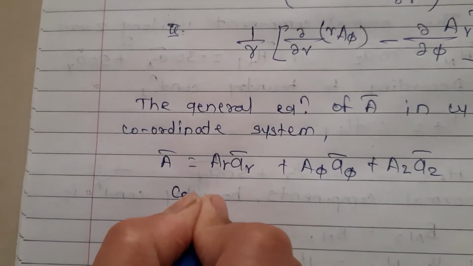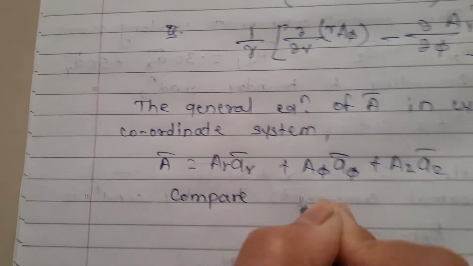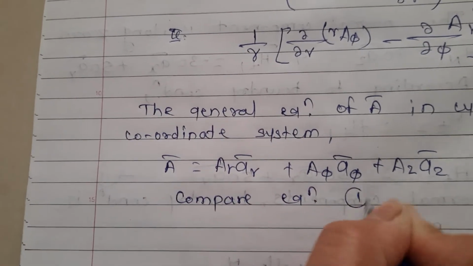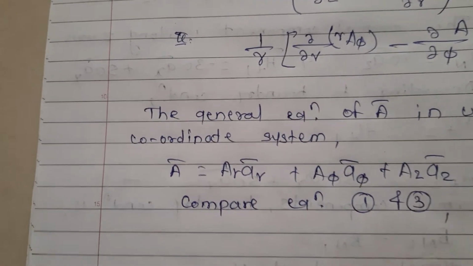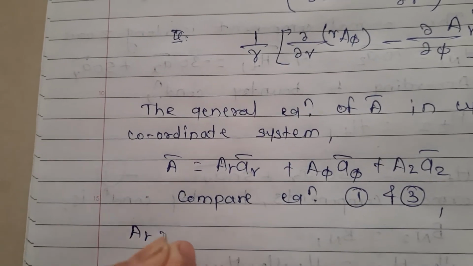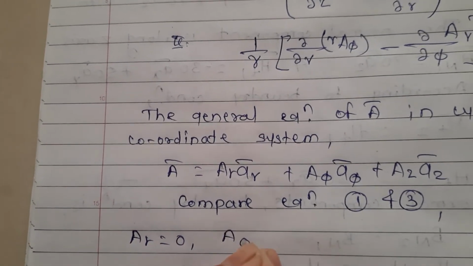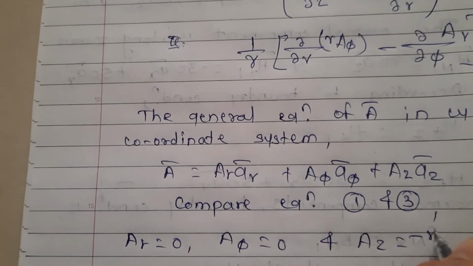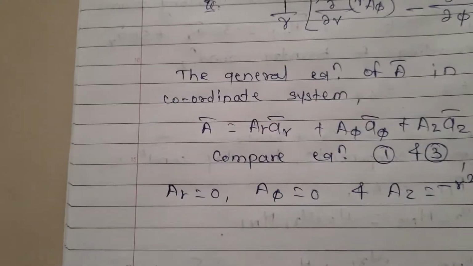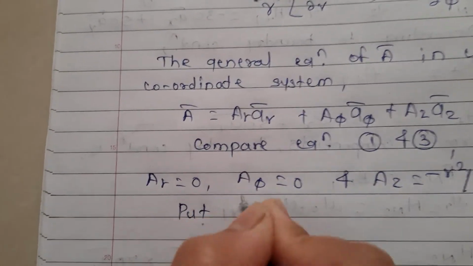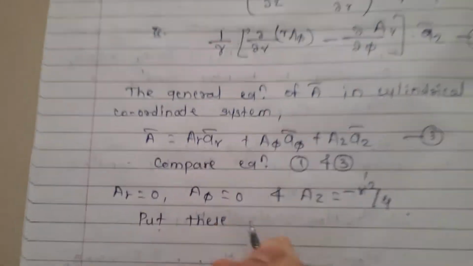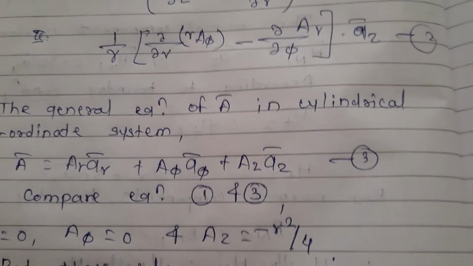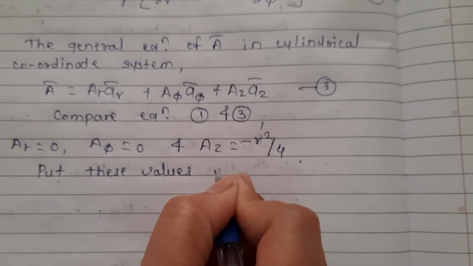This is equation 3. Now compare equations 1 and 3. We get AR is equal to 0, A phi is also 0, and AZ is minus R square by 4. So put these values in equation 2.